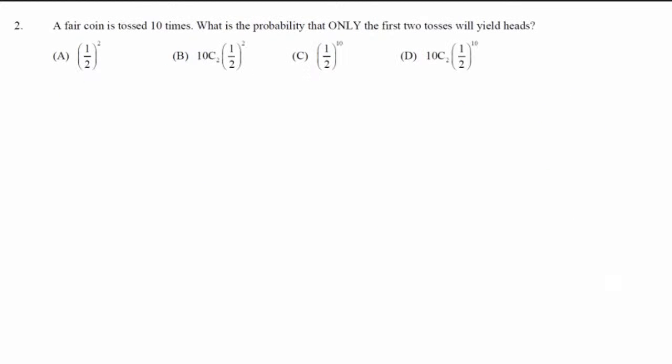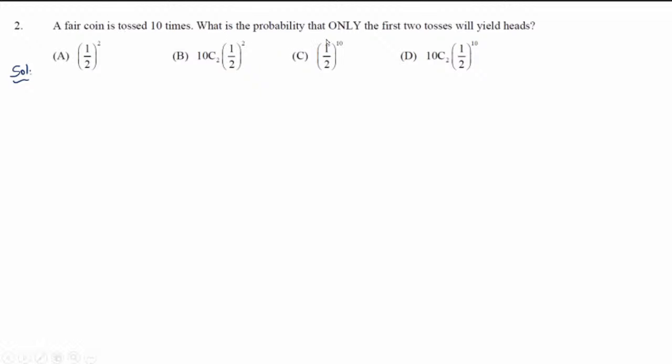Now the next one. This is also a GATE question. Solution. I am reading the question: a fair coin is tossed 10 times. Writing all the 2 power 10 outcomes is very difficult and time consuming. That's why I gave the formula in the first example, sample space 2 power n.